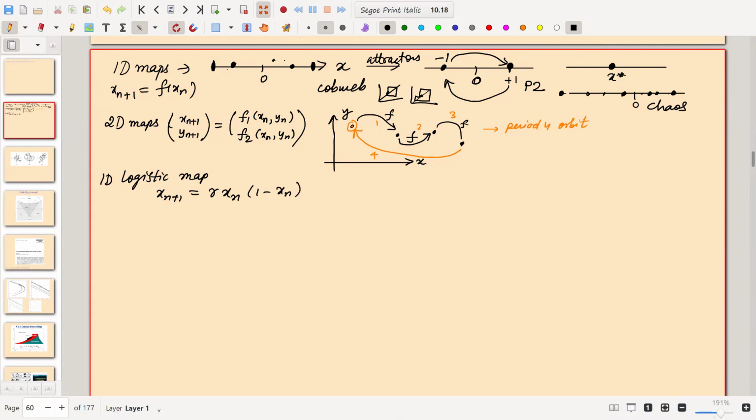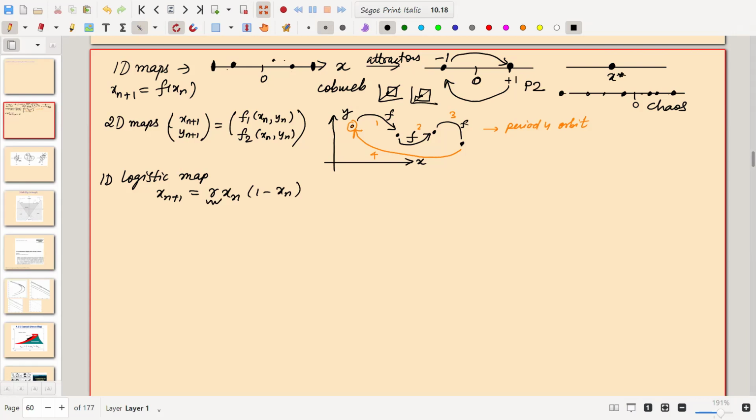So we understood this. r is a parameter, and you can have r between 0 and 1. When you vary r, it's like a remote, a control parameter. When you vary r, you will see a lot of different features of the attractors, right? So that is the 1D logistic map. Fine.